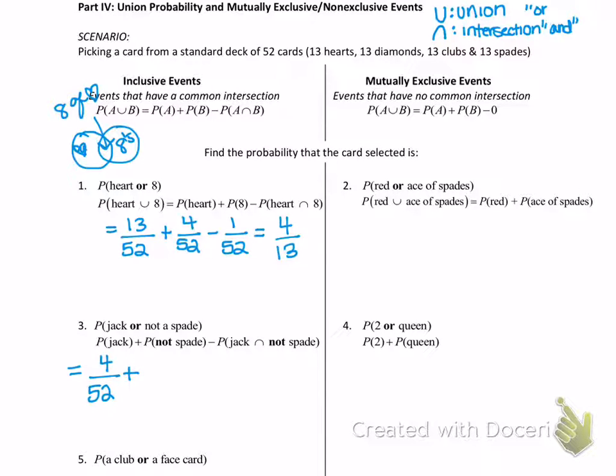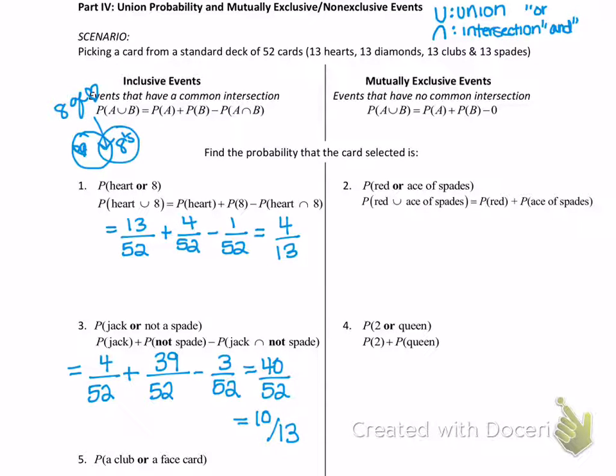Not a spade is everything other than a spade, so you have 39 options, 3 suits out of 52. And then you have to subtract if it's a jack and not a spade, so therefore clubs, diamonds, and hearts, so you have 3 out of 52, which gives us 40 out of 52, which simplifies to 10 out of 13.